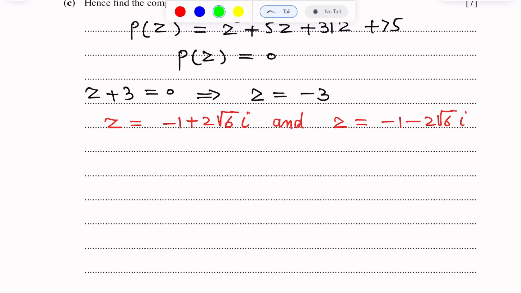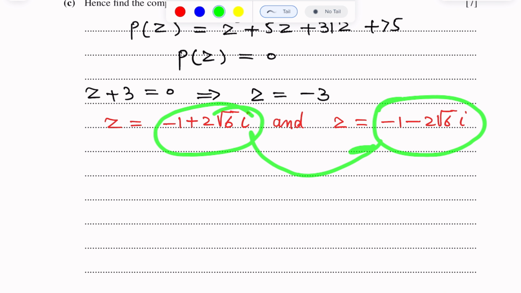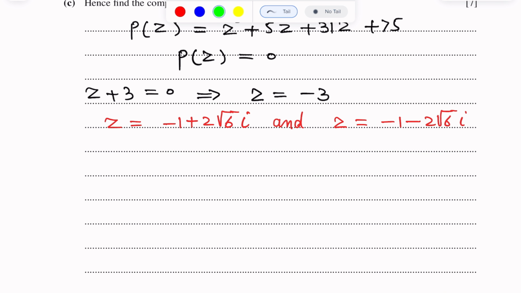We change the sign of the imaginary part. These are conjugates of each other. So there are three roots of P(z) equal to 0: z equal to minus 3, z equal to this, and z equal to this.